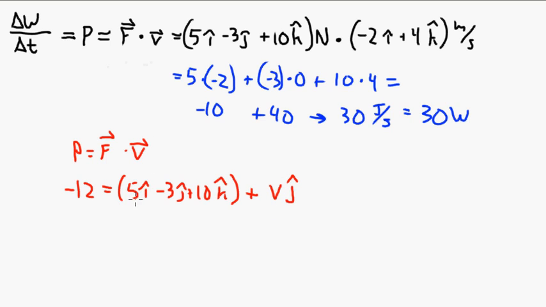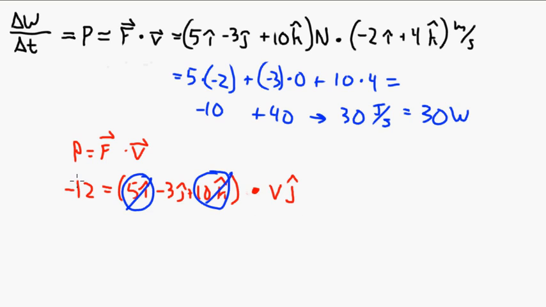So when we take the dot product, I'm sorry, why did I put a plus there? That is so wrong. So that's actually a dot, dotted with v j. So we want negative 12, and we take the dot product. The 5i hat term and the 10k hat term are going to go away because there is no i or k component to the velocity now.